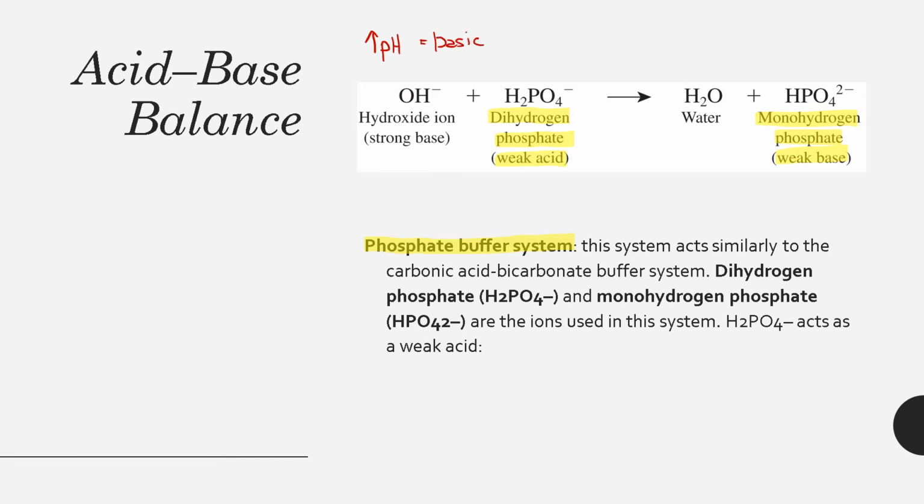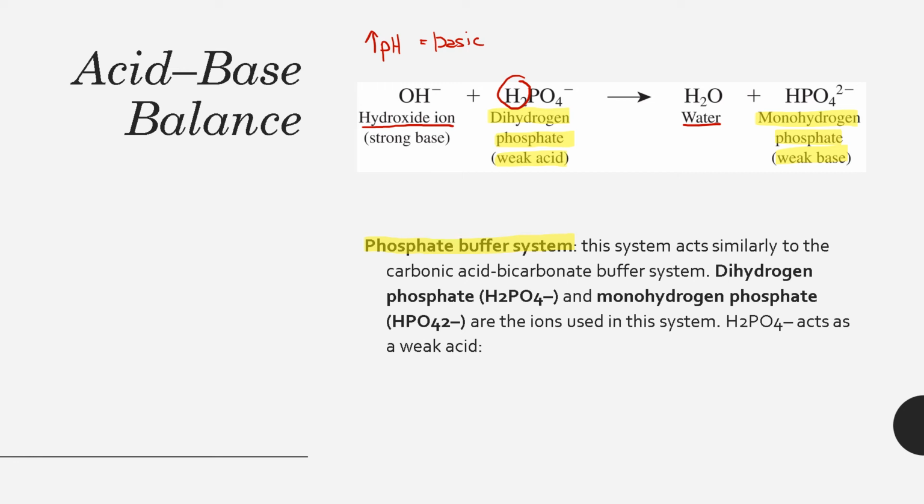And so when the pH is pretty high, the dihydrogen phosphate will act as a weak acid, releasing one of its hydrogen ions here. And those hydrogen ions will often go towards the hydroxide ion here, bonding it and making water.